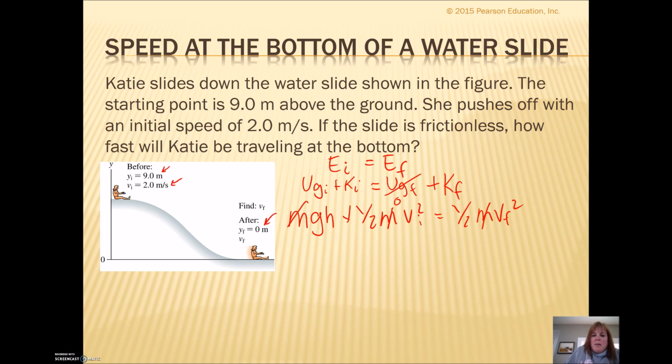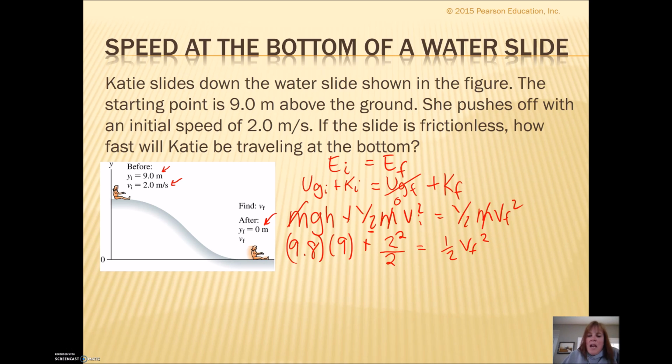All right. So let's now plug in numbers. g is 9.8. The height initial was 9 meters. To that, I'm going to add 1/2 of the initial velocity squared. So the initial velocity was 2 squared, right? Don't forget this half, so we got to divide that by 2. And that's equal to 1/2 times the final velocity squared, and that's what I'm trying to find, final velocity squared.